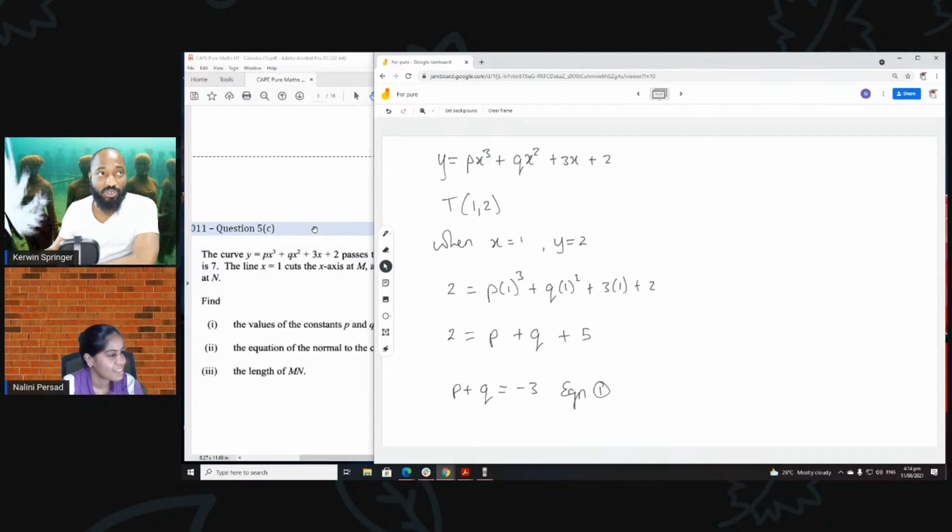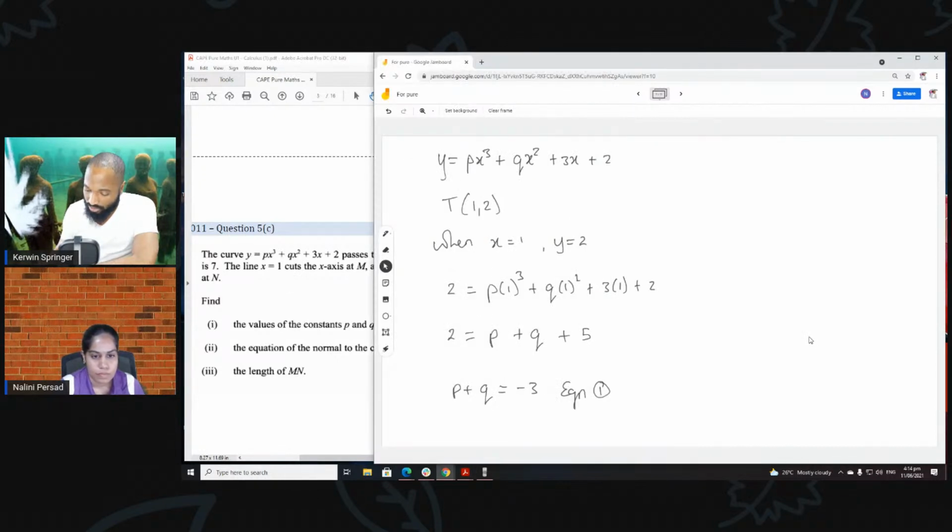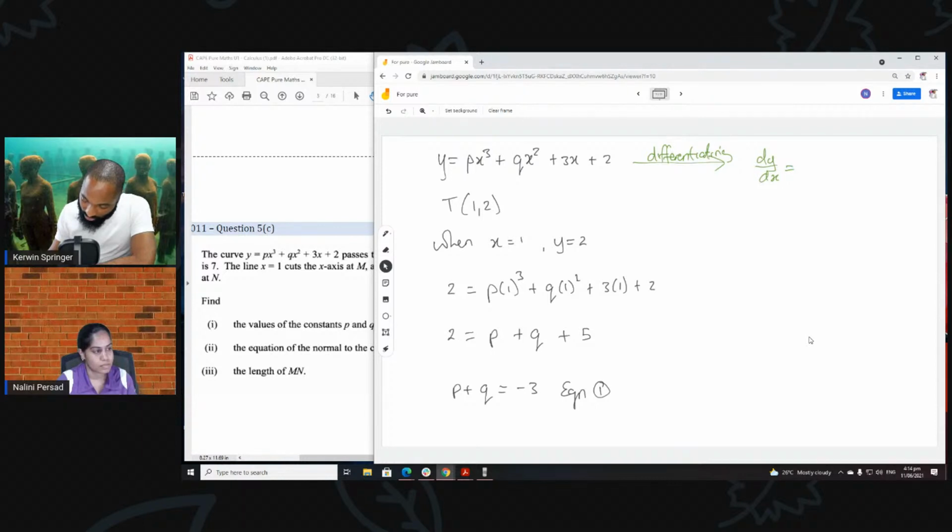So we have equation 1, and then we're going to have equation 2 by differentiating. Let's use colors. The maths is hard already, we might as well make it colorful. So differentiating, we get dy/dx is equal to 3px squared plus 2qx.